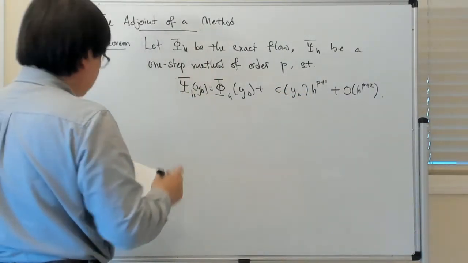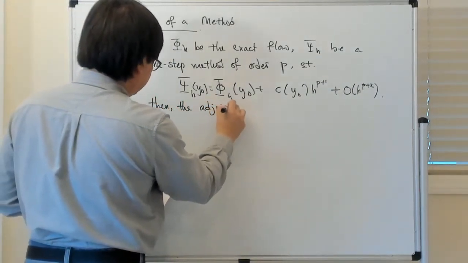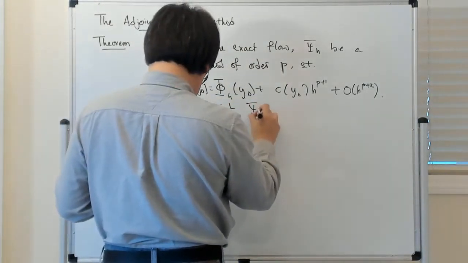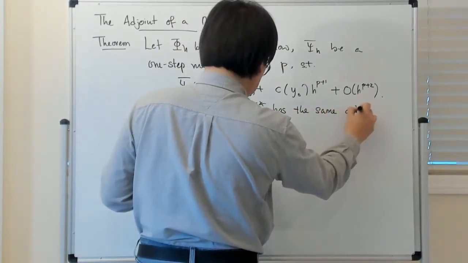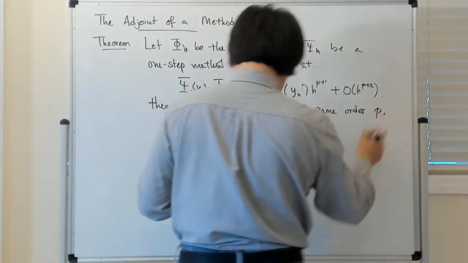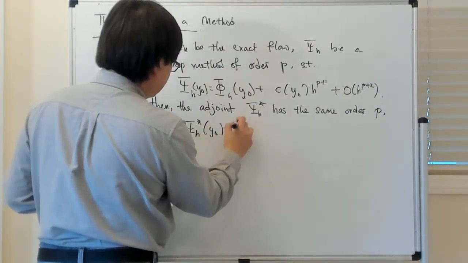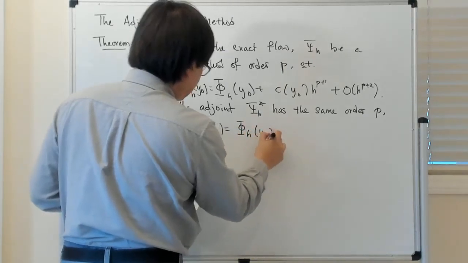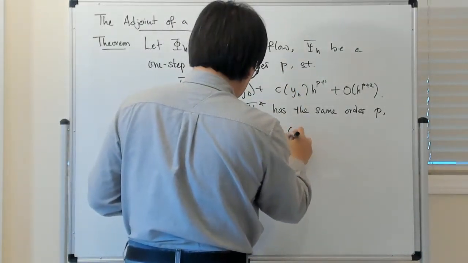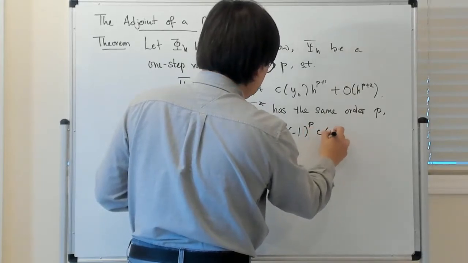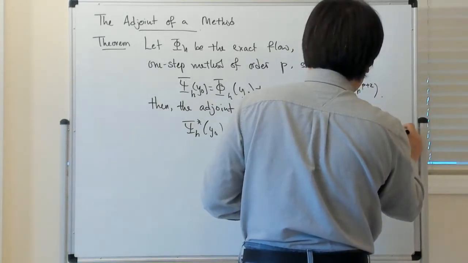So then the adjoint has the same order p, and furthermore, the adjoint method is related to the exact flow map, but where the error term looks like (-1) to the p, c(y0) h to the p plus 1 plus big O of h to the p plus 2.